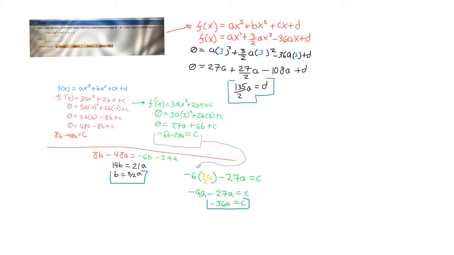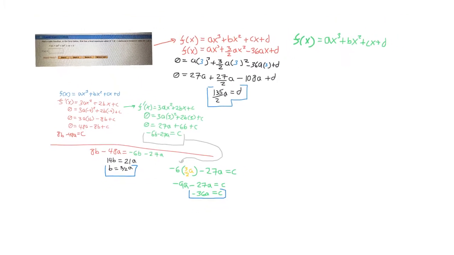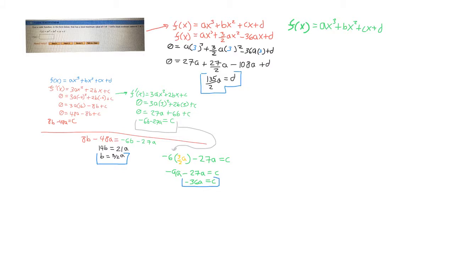Rewrite the function once again. I'm just going to rewrite it right here: ax cubed plus bx squared plus cx plus d. But guess what? We now know what all of these are in terms of a, so I'm going to rewrite all of these in terms of a.